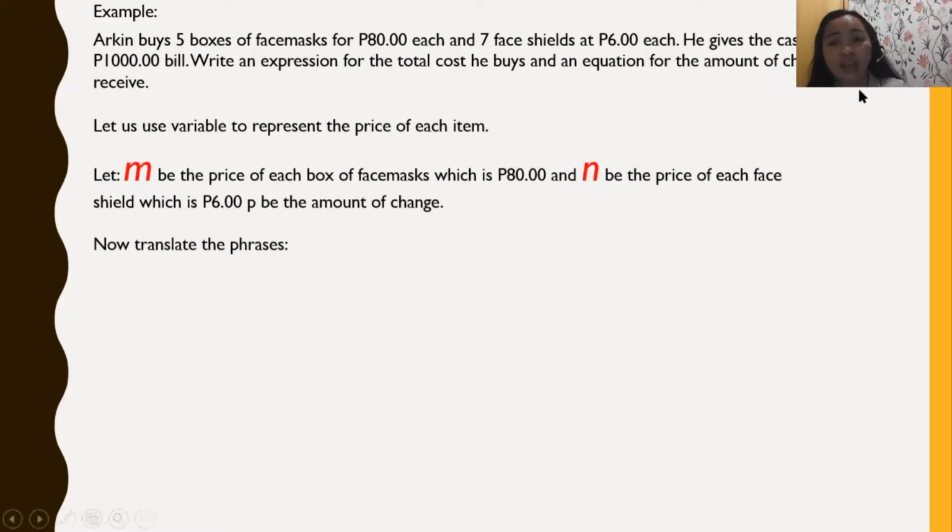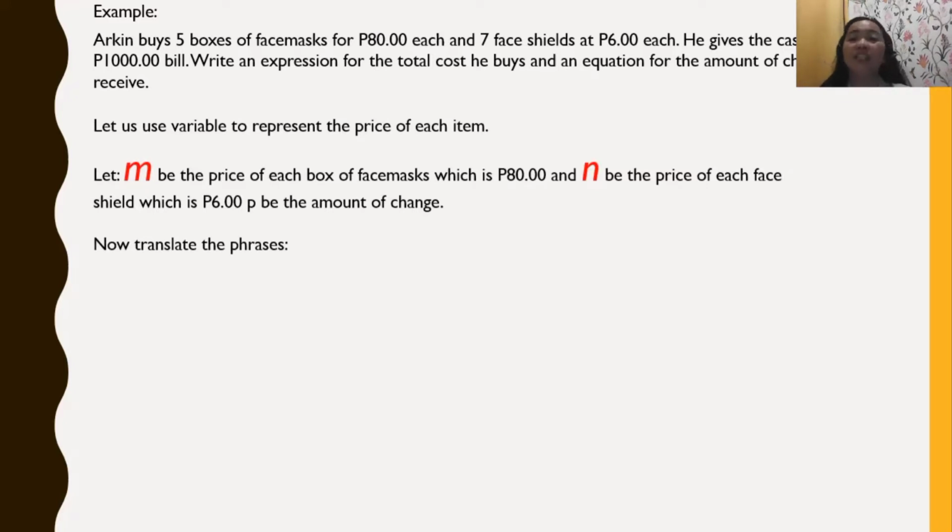And let N be the price of each face shield, which is 6 pesos. And P be the amount of change. So, tatlong variables yung gagamitin natin. M, N, and P.